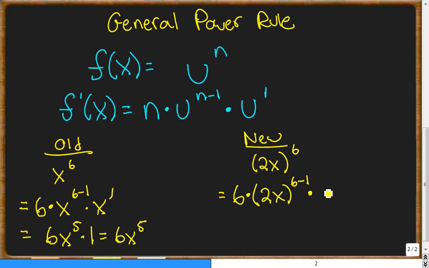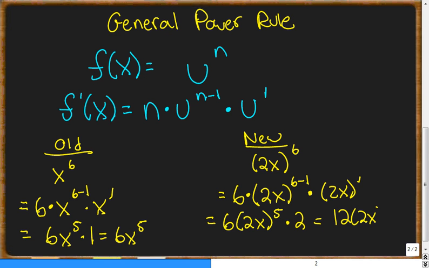So this is 6 times 2x to the 5th times 2, which is the same as 12 times 2x to the 5th. So quite a different looking problem, but it works out about the same. The thing is, you always multiply by the derivative of the innermost function, which for the older versions that we've been doing has always been 1, but the newer versions will be very, very different things.